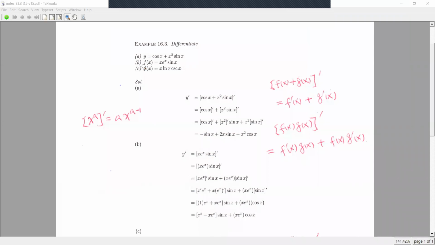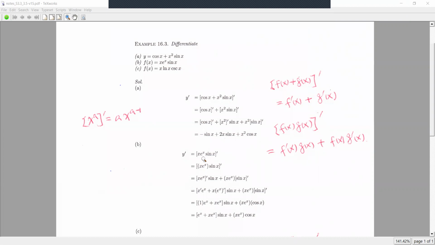Part B. The function in part B is a product of three functions. Function x times function e^x times function sine of x. To compute the derivative of this function, we need to apply product rule twice.